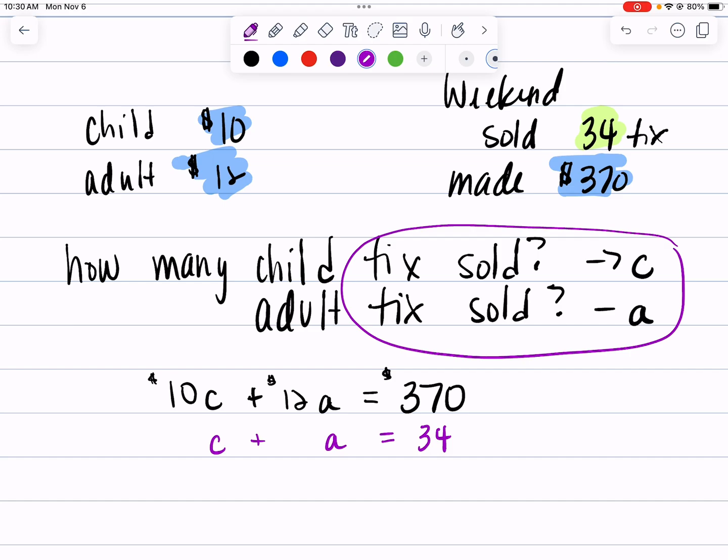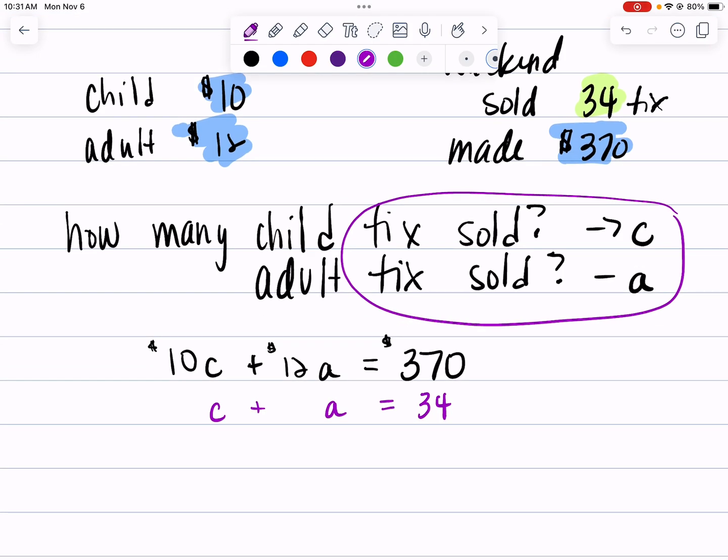It's a tricky one because it looks like you should have more numbers, or that the 10 and 12 should be used again, but this equation is all about money, and this equation is all about tickets.